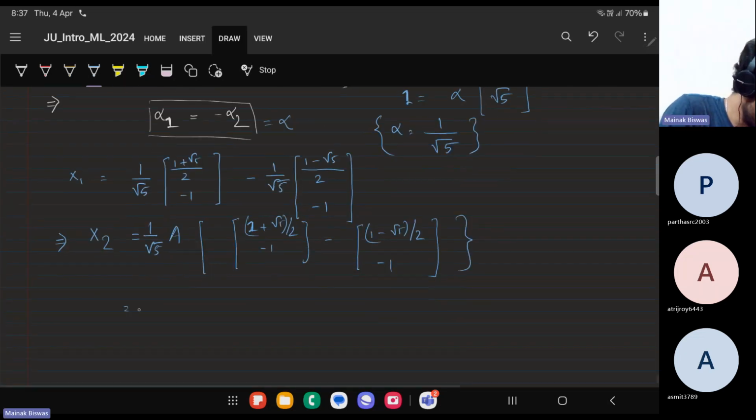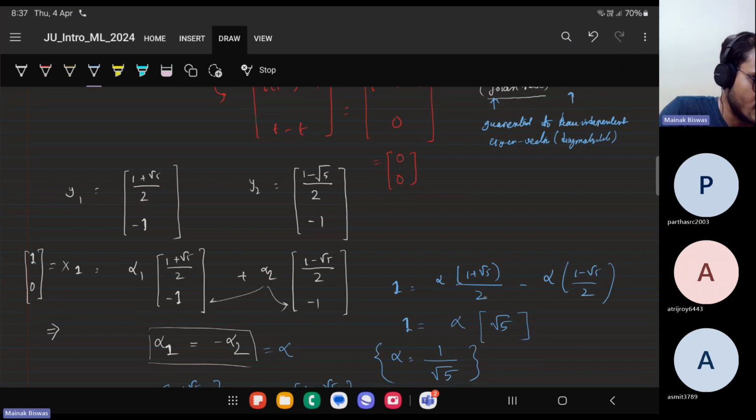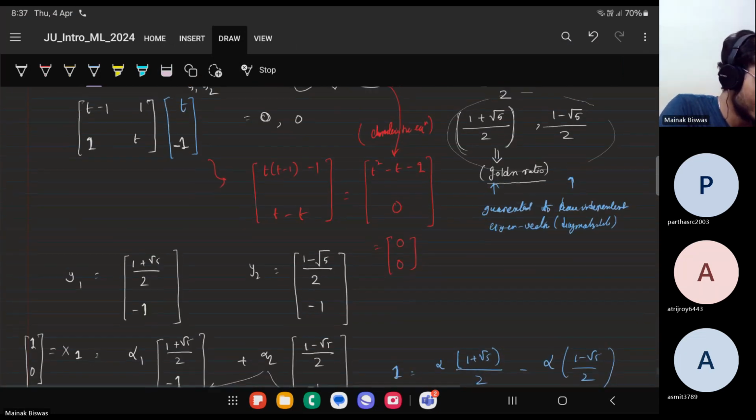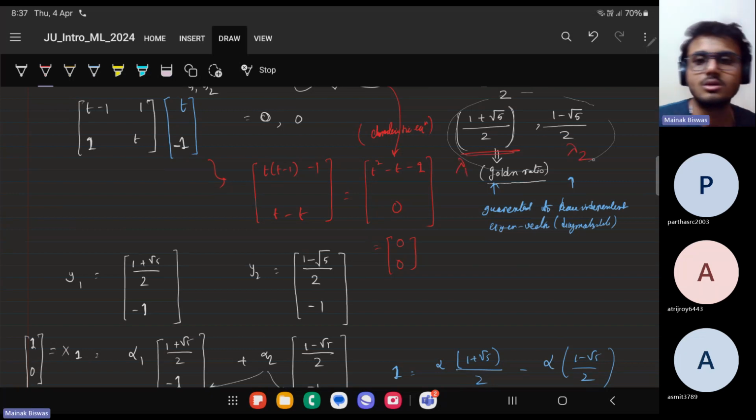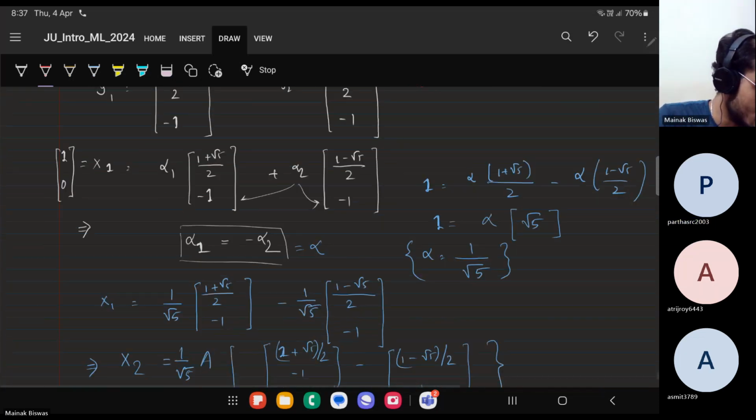So next, what will this become? 1 by root 5 lambda 1 times. What is lambda 1? This is lambda 1 associated with y1. This is lambda 2, yes, those two are conjugates.